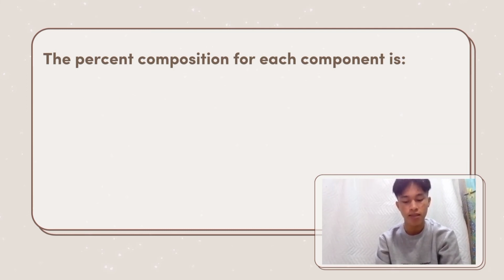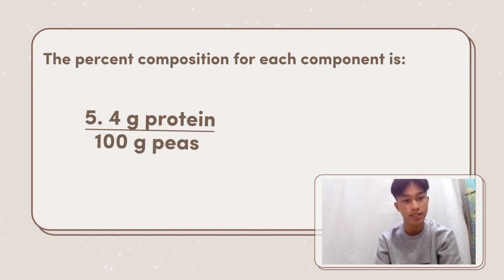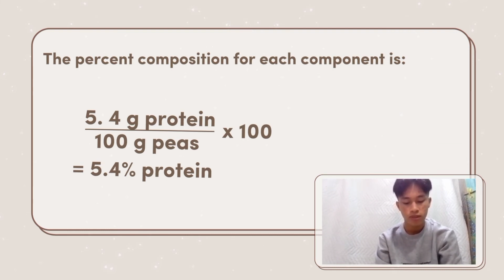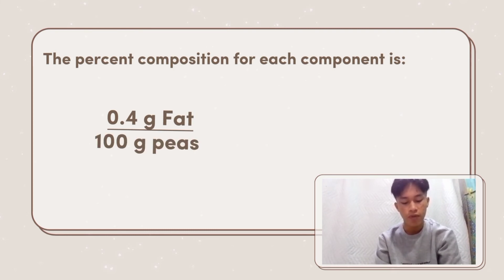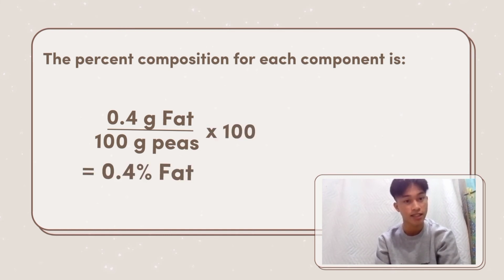For protein, 5.4 grams divided by 100 grams peas, multiply by 100 equals 5.4% protein. Then for fat, 0.4 grams divided by 100 grams of peas, multiply by 100 equals 0.4% fats.